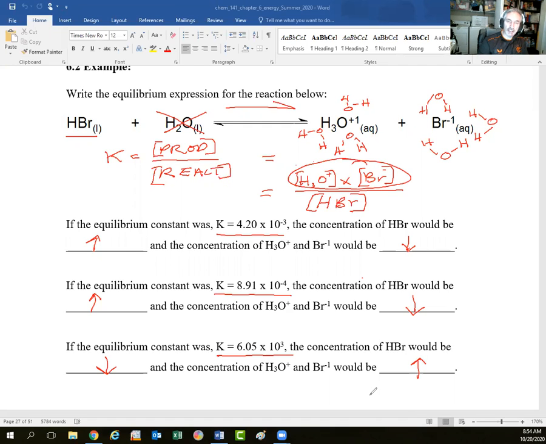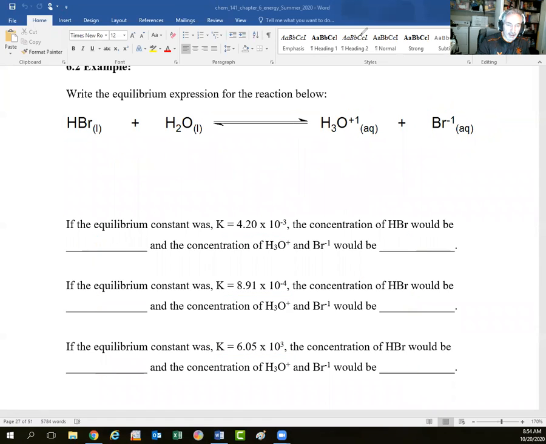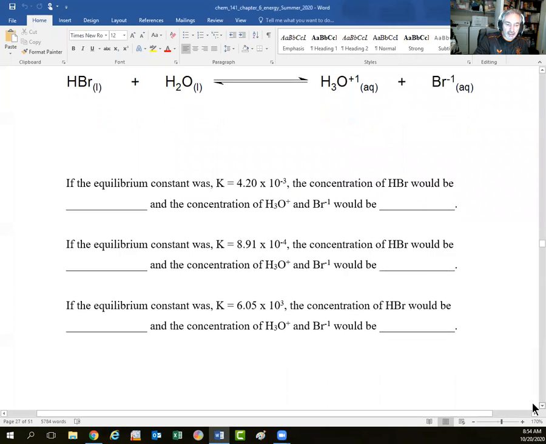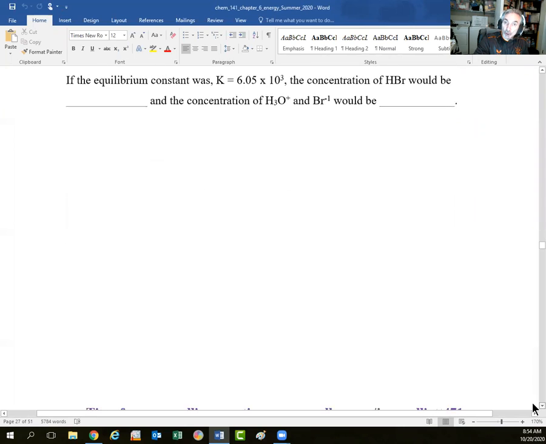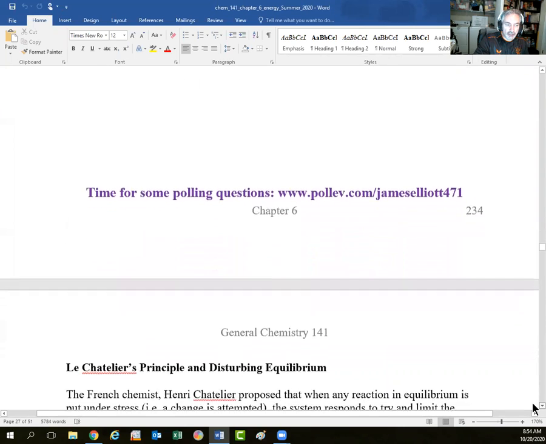Let's take a look at Le Chatelier's principle now, which explains how we can predict the response of a system when a change is being forced on it. Le Chatelier tells us that a system responds to compensate for any changes.